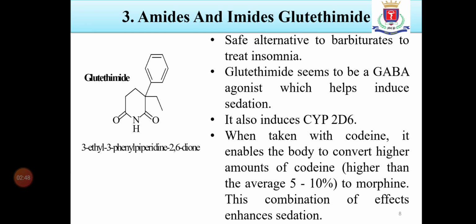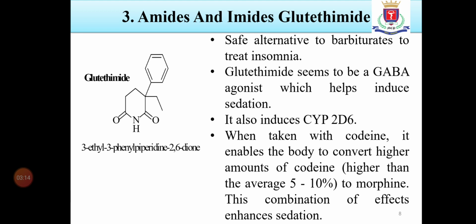The basic nucleus in glutethimide is phenylpiperidine-2,6-dione. Piperidine is a 6-membered, fully saturated ring having a nitrogen atom. This piperidine ring has 2 carbonyl groups at the 2 and 6 positions, that's why it's a 2,6-dione.